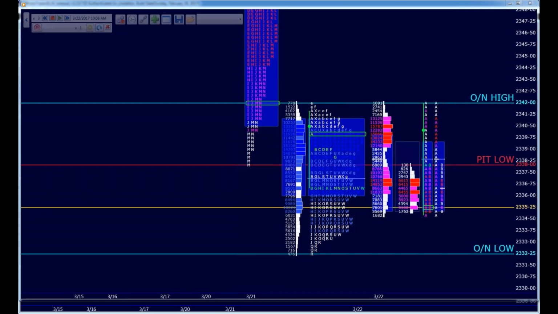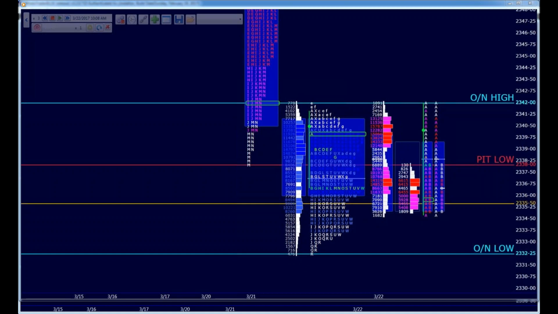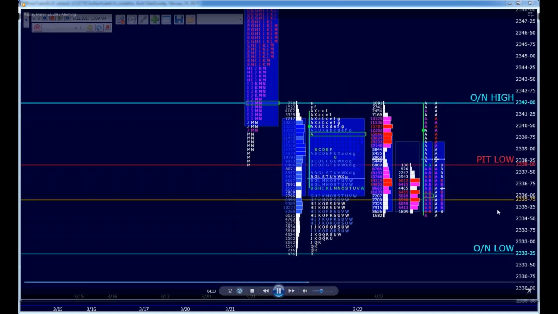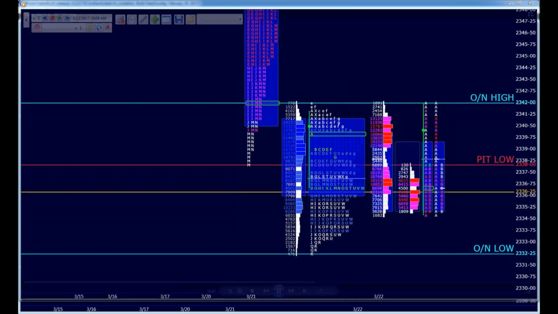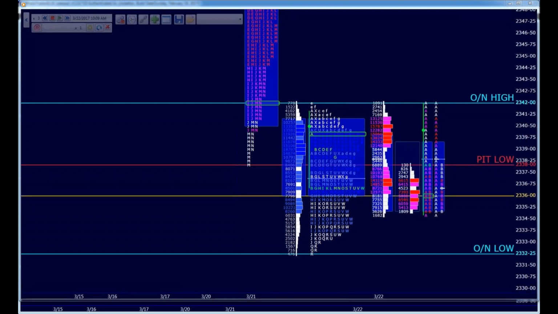Okay, the market's back down near the low. Remember, I said I didn't think that low was very secure or very meaningful to begin with. One more time, it holds that low. We're still watching it.